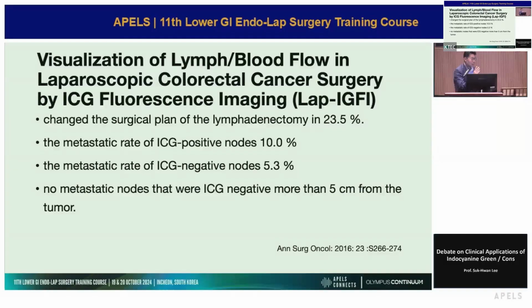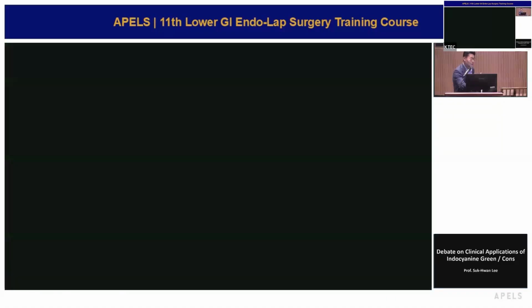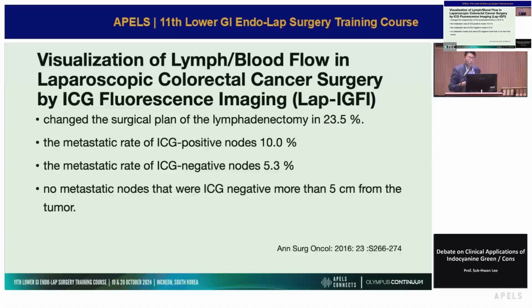That will result in some lymphocele problems or sometimes chylous problems, or postoperative diarrhea or something like that. So we can avoid some unnecessary lymphadenectomy by not doing ICG lymphangiography in those patients.